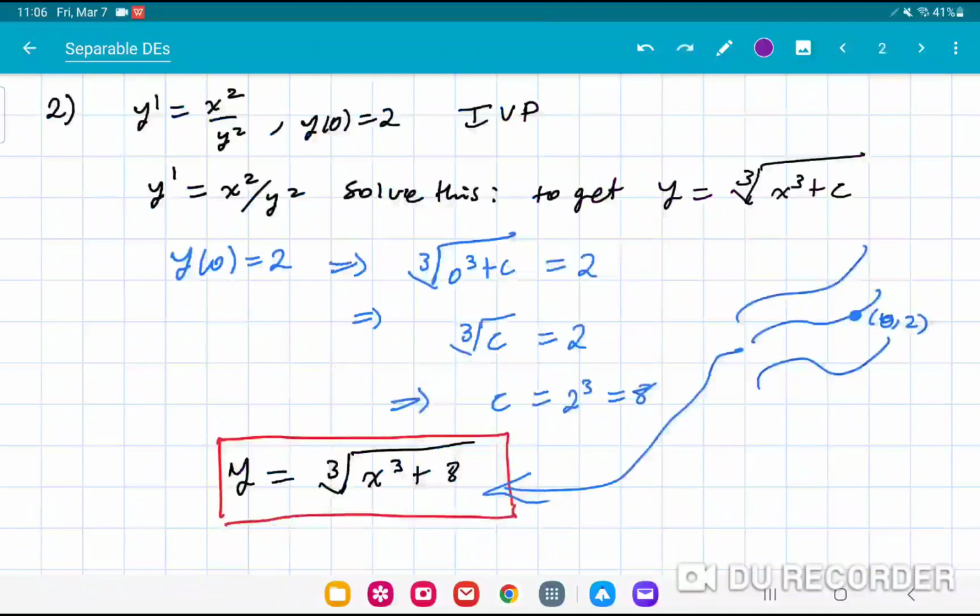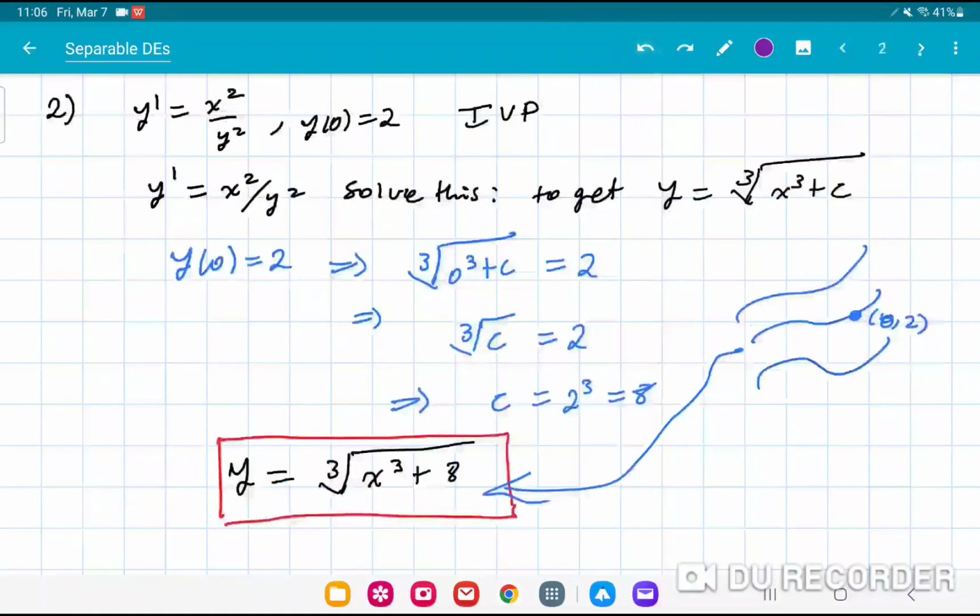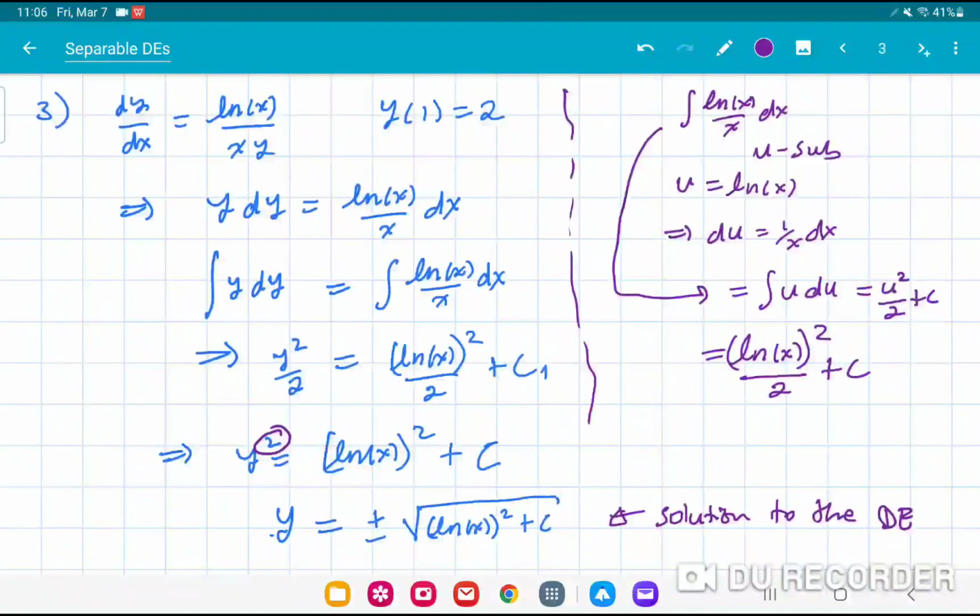Earlier we had an odd exponent, so we're going to take the cube root of. When you take the cube root or the fifth root, you don't do plus or minus. When you're doing even, if it was to the power of 4, you need to do plus or minus the fourth root.